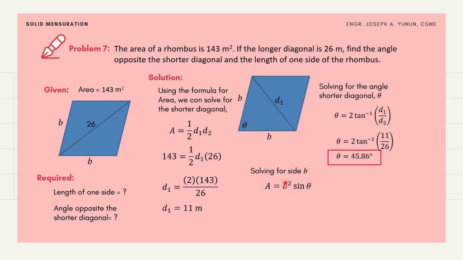That is the formula for area since it is given: area equals the square of the side times sine theta. Then simplifying that to solve for b or the side, you arrive at this equation. Then substituting the given values, you'll get side b as 14.12 meters. So the length of one side is 14.12 and the angle opposite the shorter diagonal is 45.86.